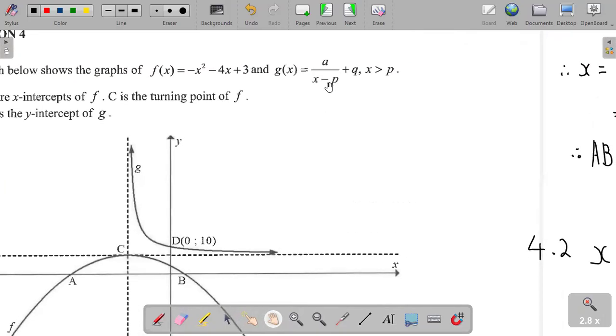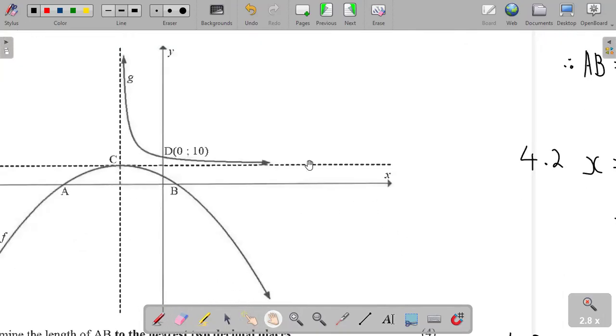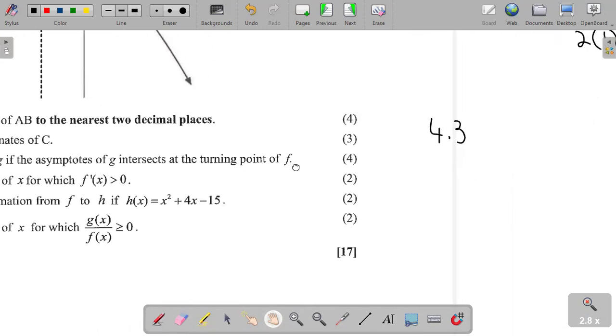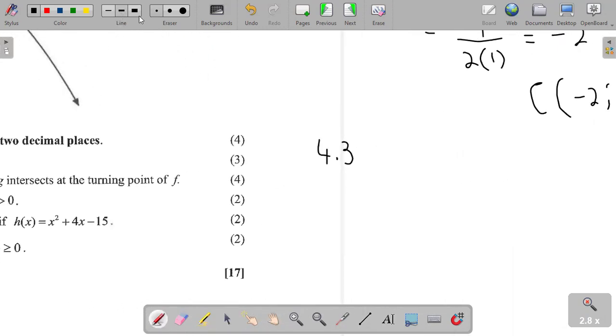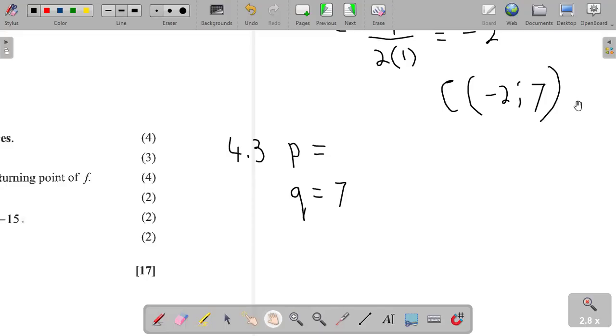It means that q will be equal to 7 because it will be the y value, and then p will be the opposite of this. So if we have a negative 2 here, then we're going to put a positive 2.